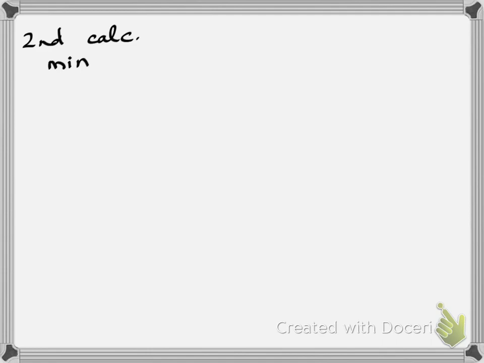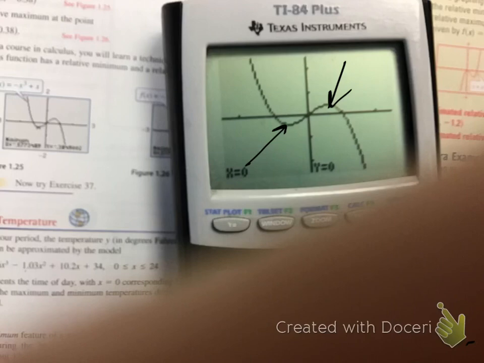All right, and it's prompting us left bound, so make sure you're arrowing over, right over here to the left of this minimum point. That looks like the lowest point to me. You want to be to the left of it when you hit enter. And then it asks you for the right bound.